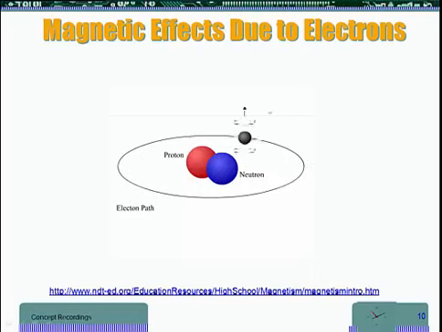That electron, if it is unpaired, is going to contribute to the magnetic field due to its spin and due to the fact that it is going around in the orbit. That particular atom is going to act as a small magnet.